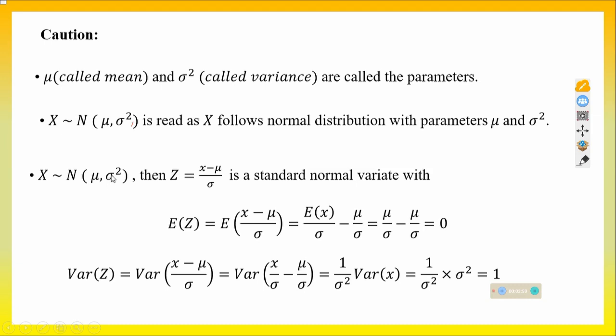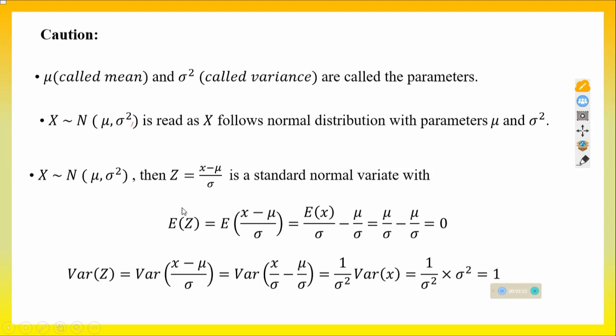So from there, we can say that if x follows a normal distribution with mean mu and variance sigma squared, then if you let, for example, z be x minus mu divided by the standard deviation, we shall say that z is a standard normal variate. And if it is a standard normal variate, it will have the parameters 0 and 1. How?